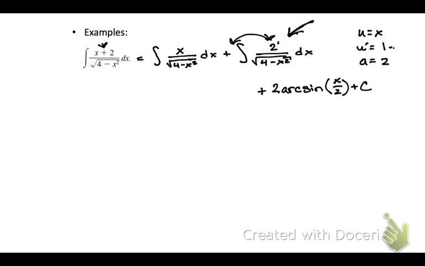Can't we just do the power rule? Couldn't we rewrite this as x times 4 minus x squared to the 1/2? Yeah. And so then we would have u, we would make 4 minus x squared. So u prime would be negative 2x dx.